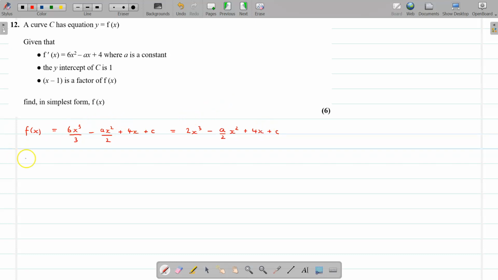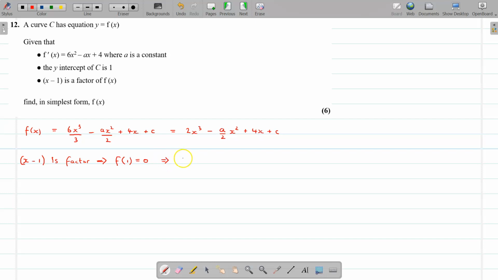Now if x minus 1 is a factor, it implies that f of 1 must equal 0 by the factor theorem, you see. So what I need to do is put 1 into this function and set the answer to 0.